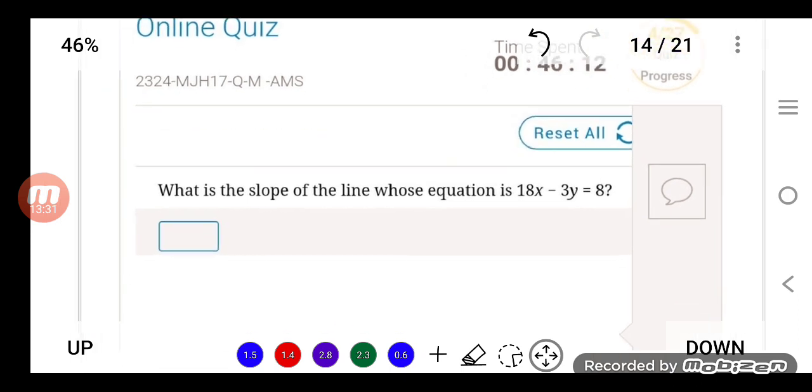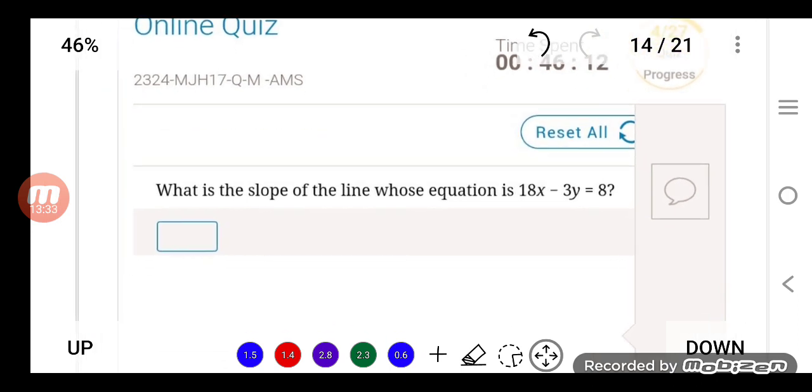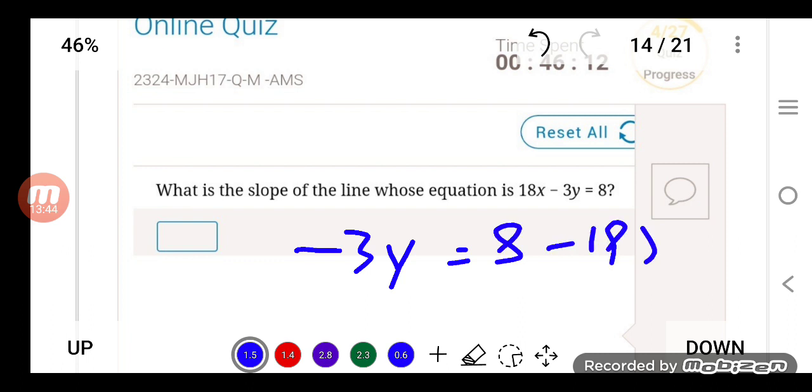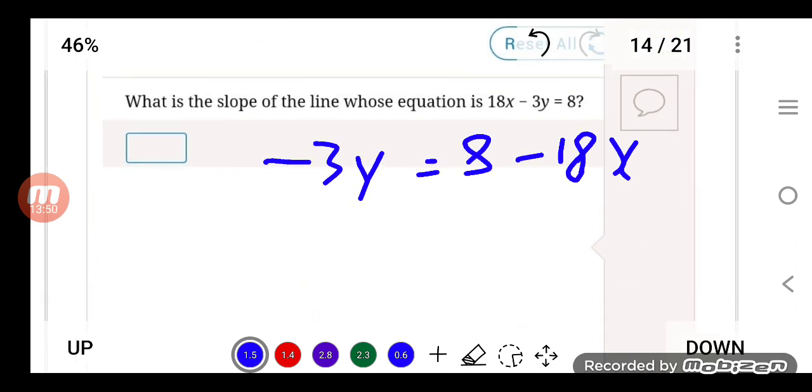Next question. What's the slope of the line? In order to know the slope, you have to rearrange the equation. So if you rearrange it, negative 3y is equal to negative 18x. So then you can divide by negative 3 all sides.